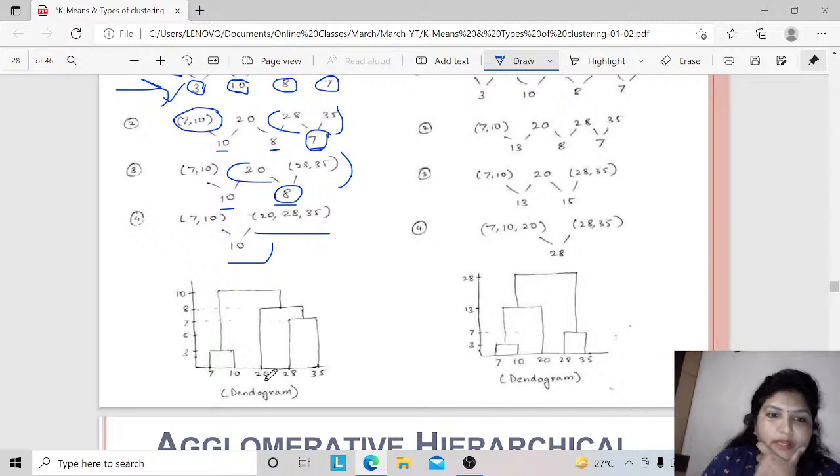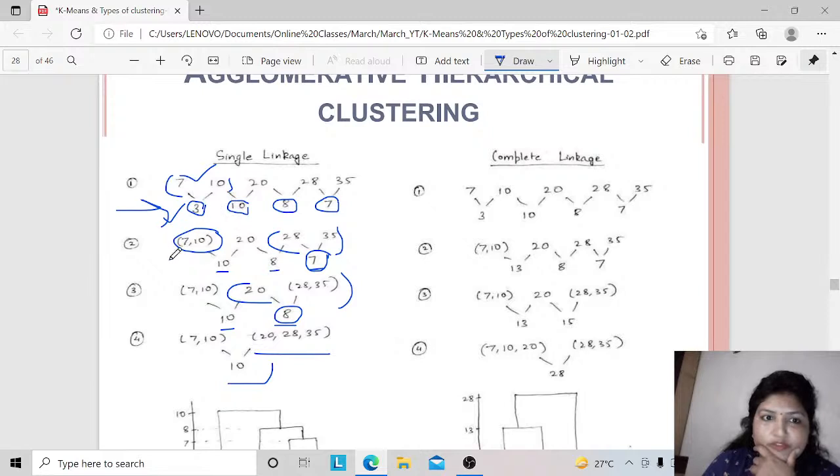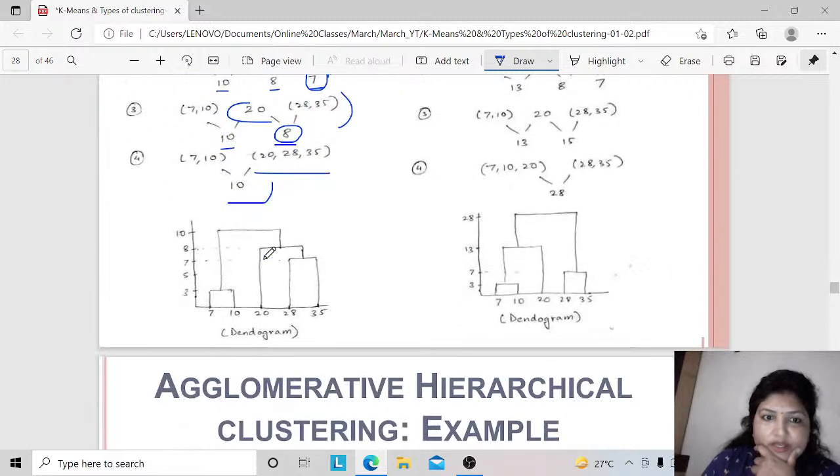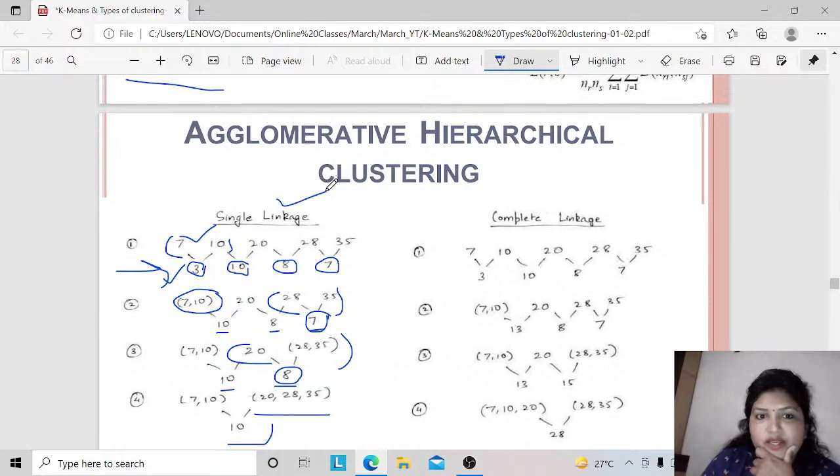And then 20 to 35, right? Through these steps, you have the first step, 7, 10, then another step, 28 and 35, then you combine it with 20, and then the whole dendrogram will be made. So this is for single linkage.